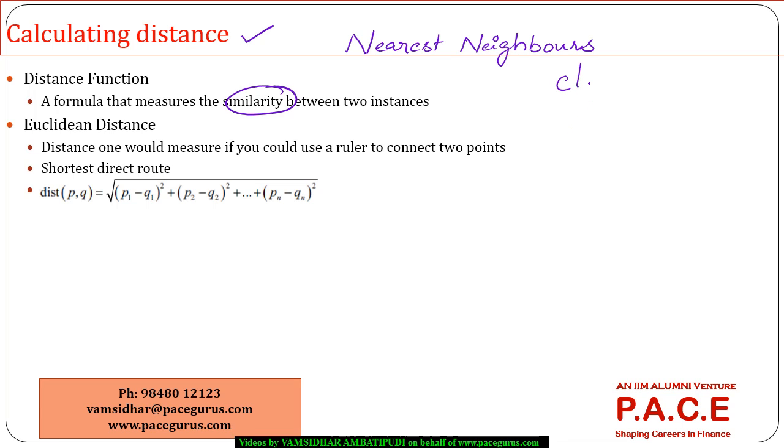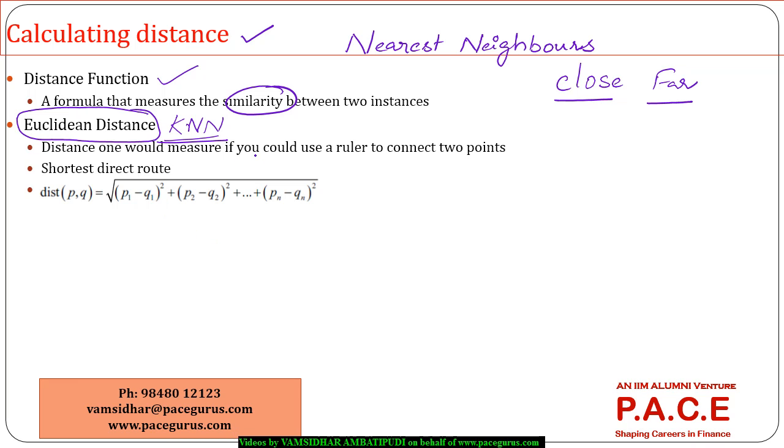How close they are or how far they are is typically measured through the distance function. There are various ways of computing the distance, but the most prominent mechanism, and the one typically used by the KNN algorithm, is the Euclidean distance.